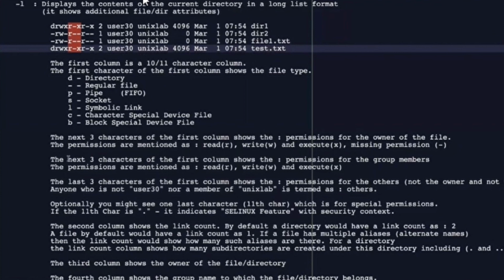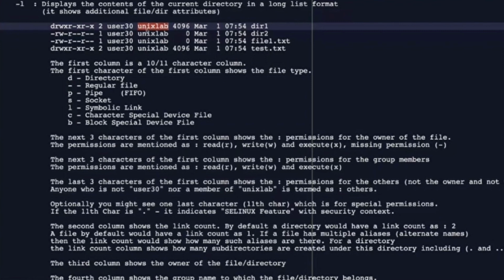Now in Unix, a user belongs to some group. Here what it means is the owner of this file is user 30, and this file can also be accessed by people who are members of the group unixlab.